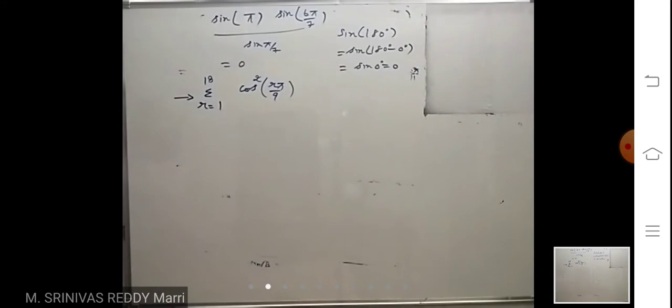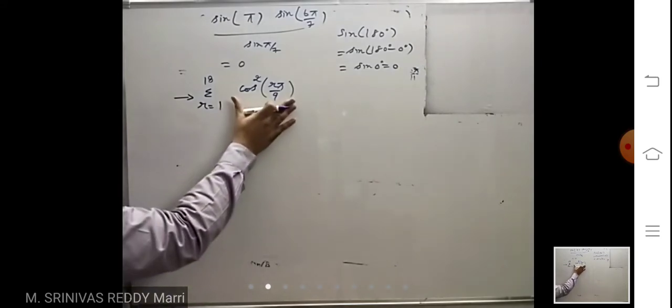Look at one model: cos square of r pi by 9, like this is given.